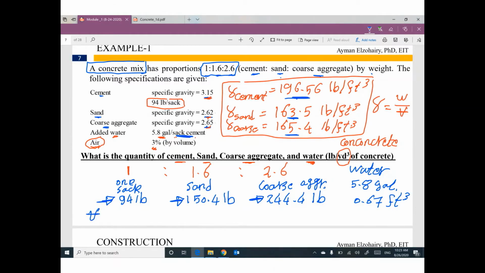For cement, 94 divided by gamma of cement, 196.56, this volume will be 0.478 cubic feet. Weight of sand 150.4 divided by gamma of sand 163.5 will be 0.9192 cubic feet.